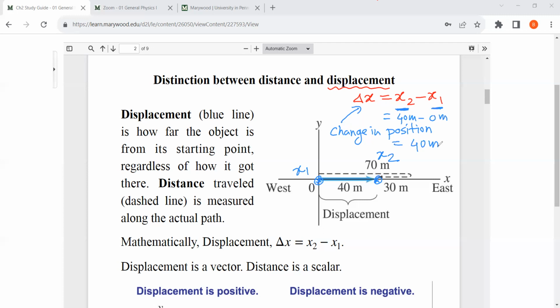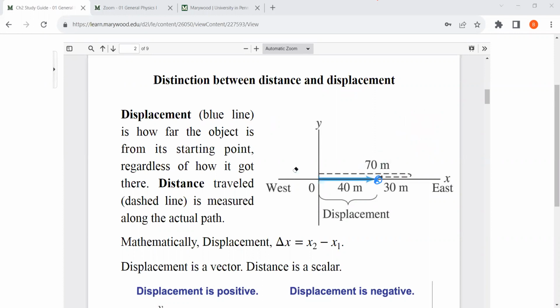Okay, so you see that the displacement and the distance are two different quantities, and in this example the distance is 100 meter but the displacement is 40 meter. In many examples you will see that the magnitude of displacement and the distance are the same.